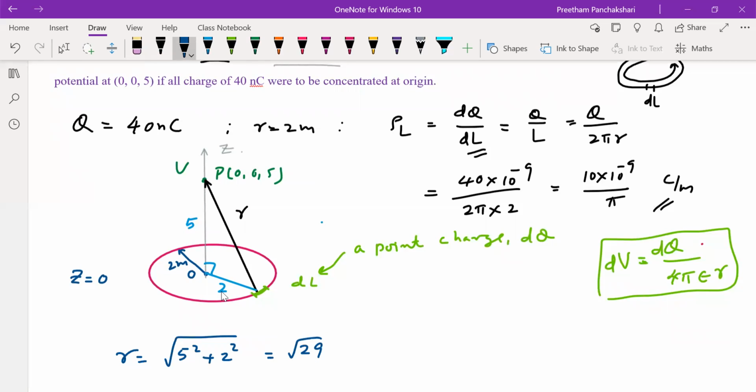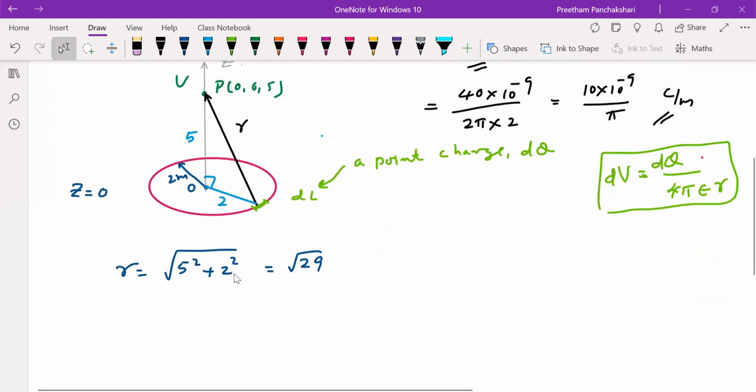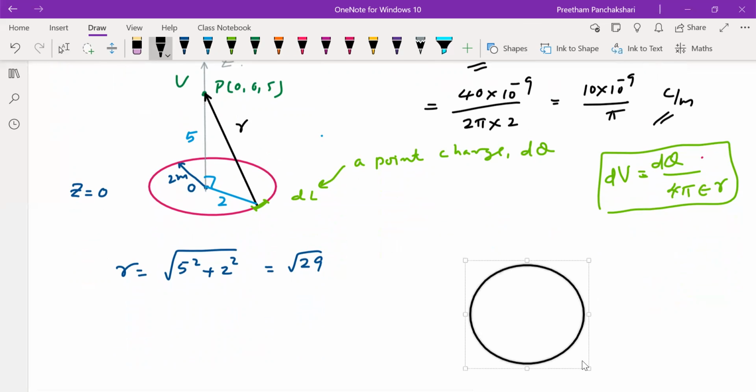Next one. What is this dl? dl is a small length on a circle. So we can find that also by having a separate diagram.